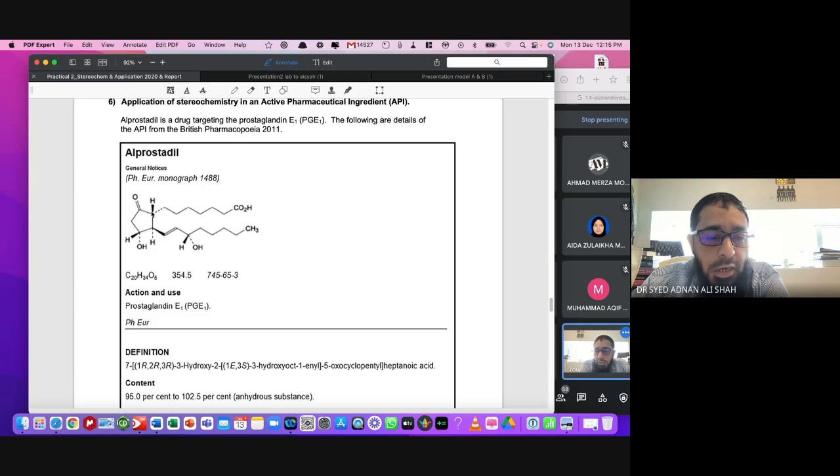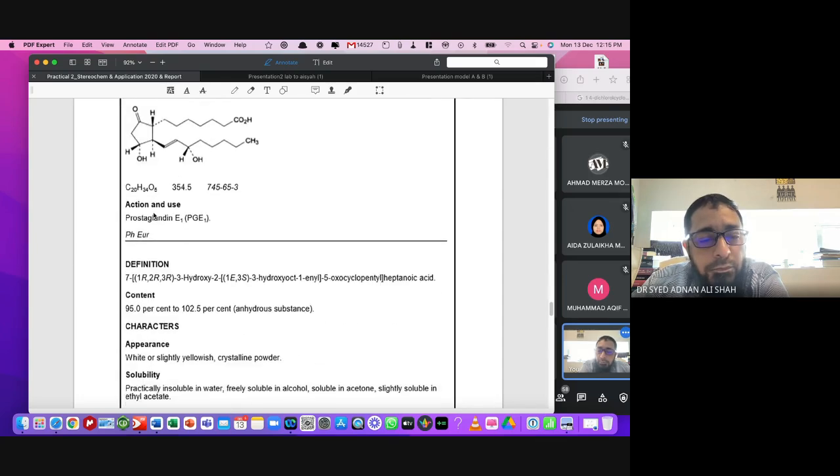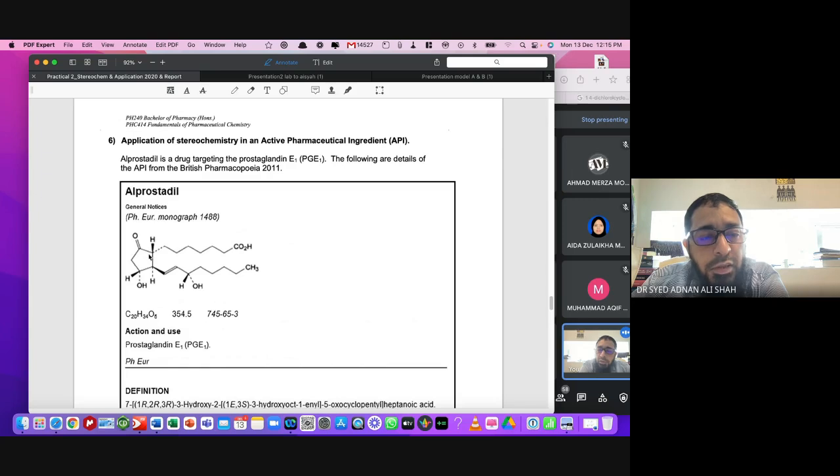According to this, there can be 4 stereocenters, 3 with hydroxyl groups. But the stereocenters are 1, 2, 3, and 4 like this. According to what we have learned, this carbon is a stereocenter, this carbon is also a stereocenter, this carbon is also a stereocenter, this carbon is also a stereocenter.